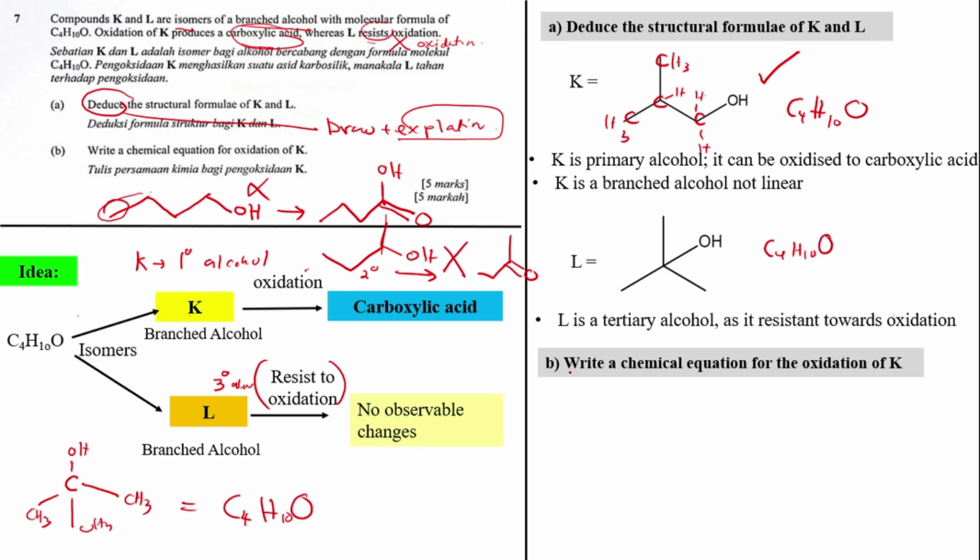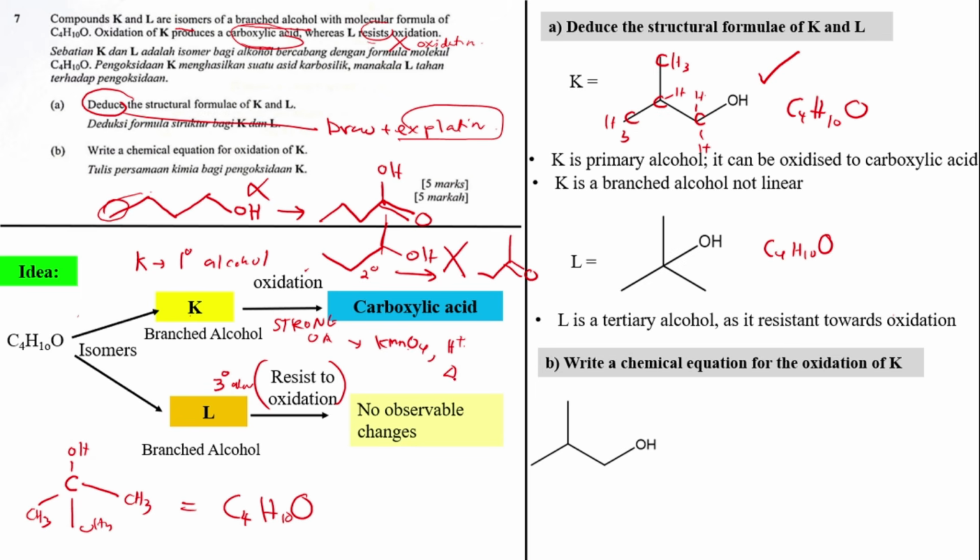Now for the next part, we need to write a chemical equation for the oxidation of K. We write our reactant again plus our reagent for oxidation. The oxidizing agent here is a strong oxidizing agent, for example KMnO4 under acidified condition with heat.